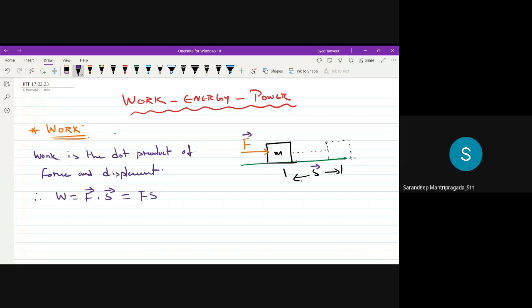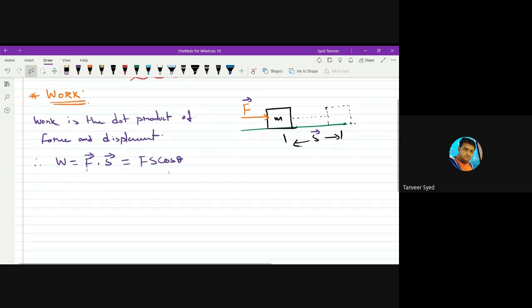It is F S cos theta. F cross S is F S sin theta. We are talking about the dot product here, so F dot S is equal to F S cos theta. F is force, S is displacement, theta is the angle.